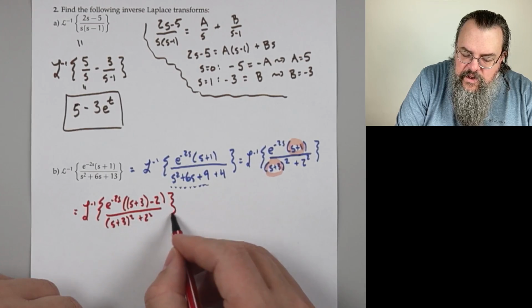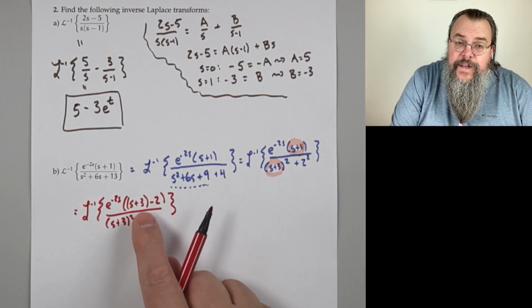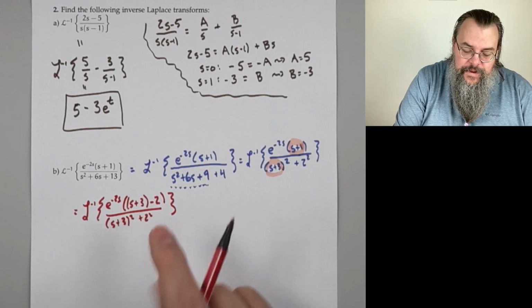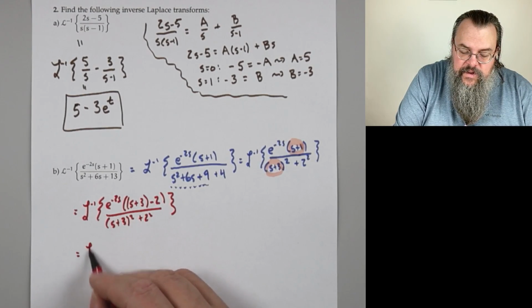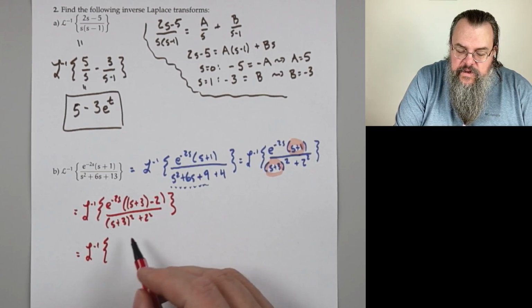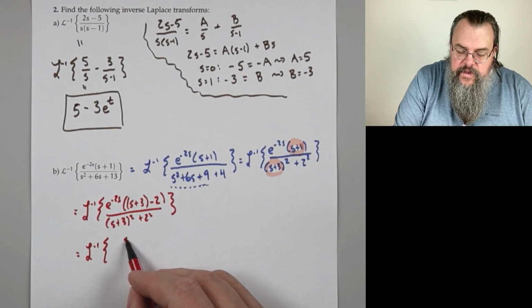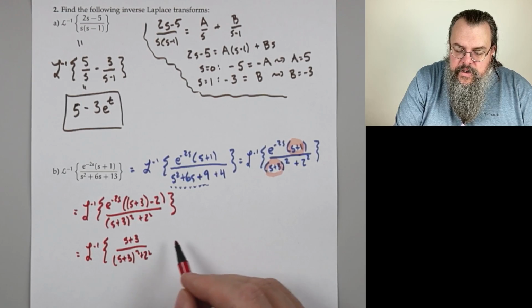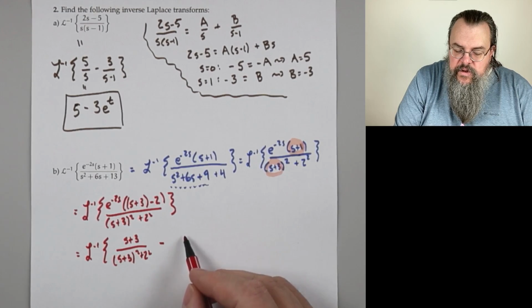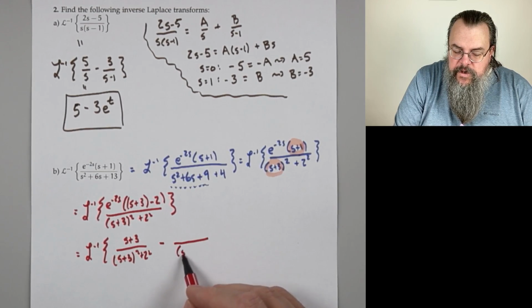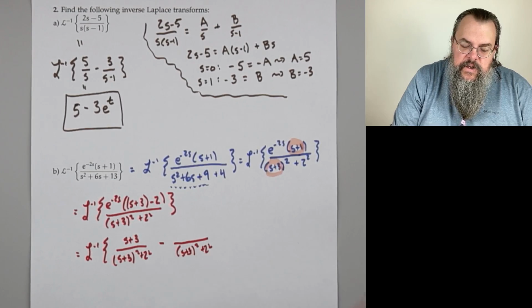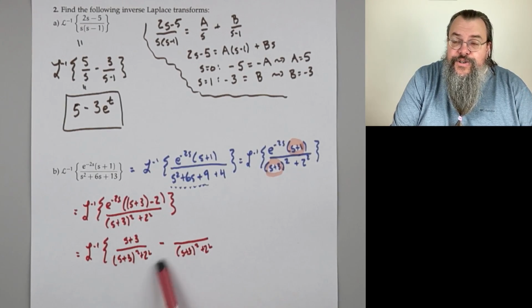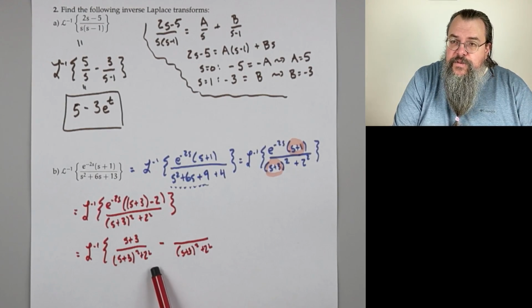All right. And now remember, we said we had that addition upstairs to work with. So this is the inverse Laplace of, and I'm going to write this as, (s plus 3) over (s plus 3) squared plus 2 squared, minus, and the next term I'm going to be careful of, 2 over (s plus 3) squared plus 2 squared. Now, this looks like cosine, s over s squared plus 2 squared.